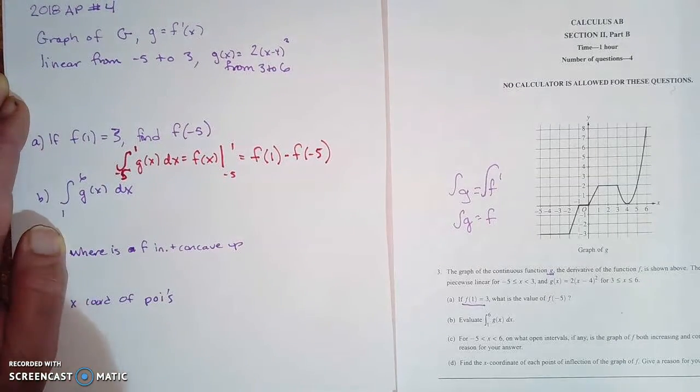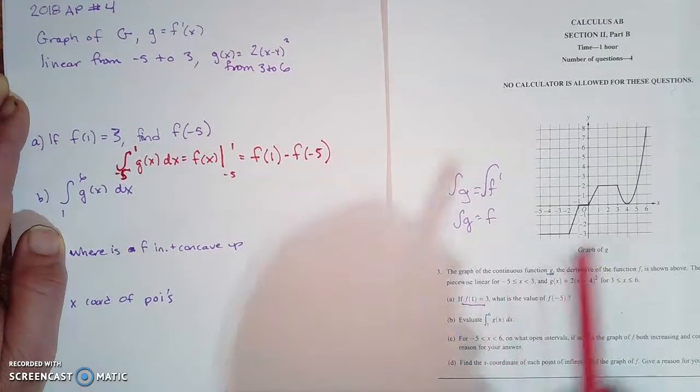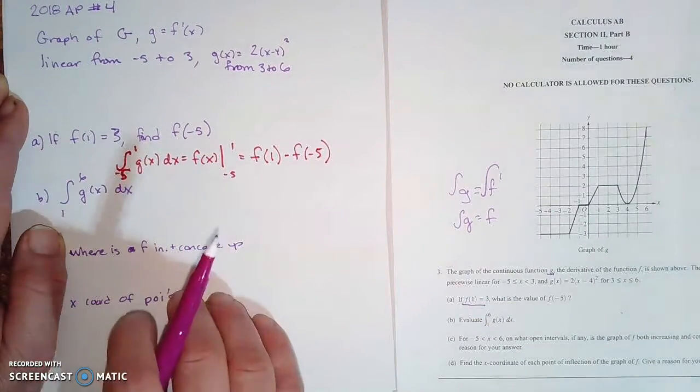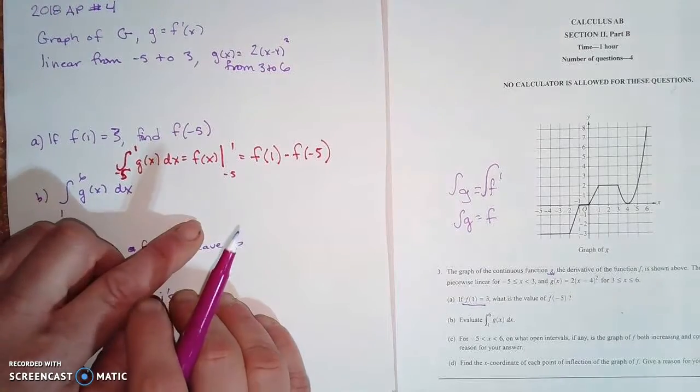So first of all, I can look at this graph, and anytime they give us a point and a graph, we're most likely going to be finding the area under the curve and then figuring out how it relates to the integral. So if I were to look at this graph, they told me that f of 1 is 3.